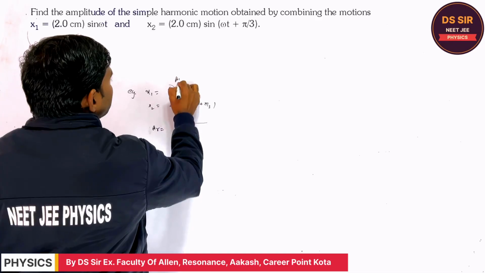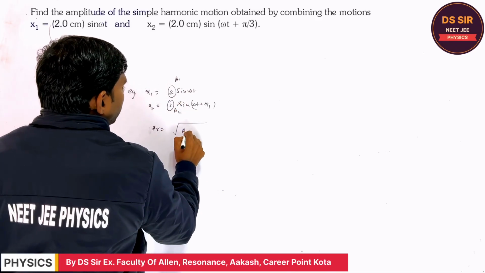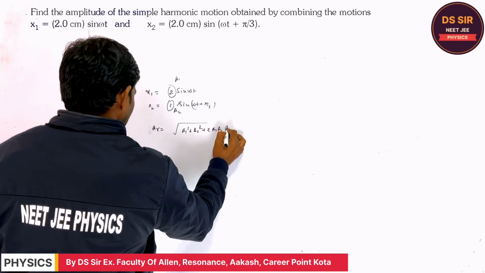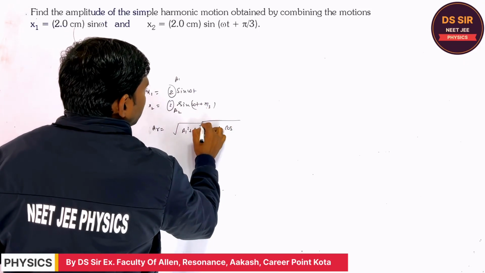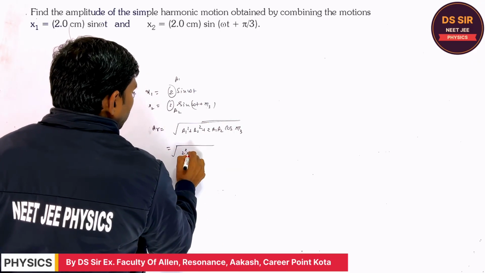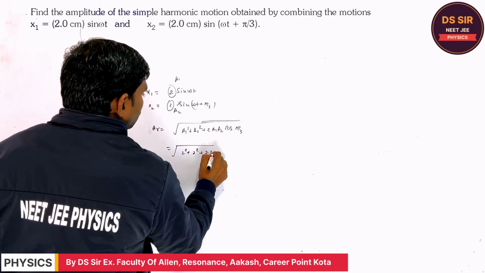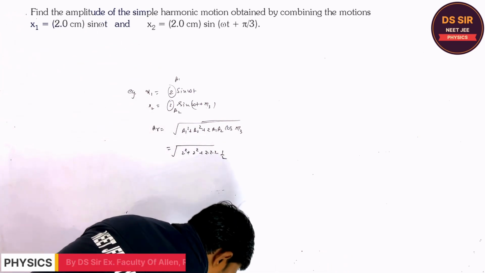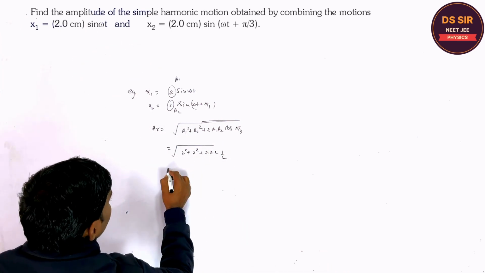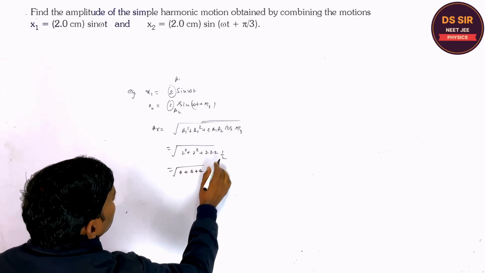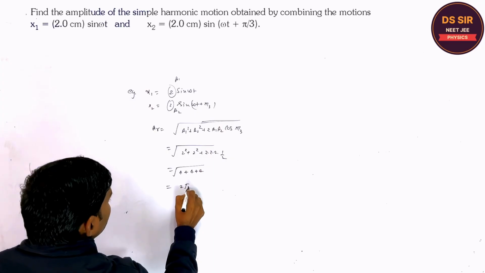So this is a1, this is a2, and the amplitude is root of a1 square plus a2 square plus 2 a1 a2 cos phi. The phase difference is pi by 3, so 2 square plus 2 square plus 2 into 2 into 1 by 2, which is 4 plus 4 plus 4.